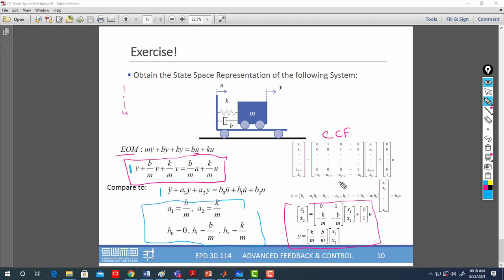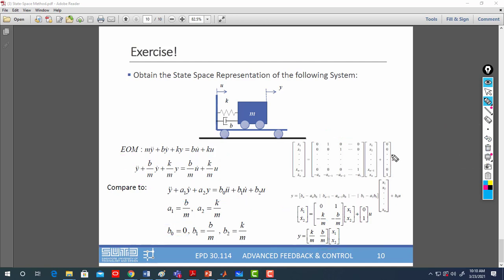Then you plug them in here, a1 and a2, minus k over m, and here is 1 0. Okay, so then you directly get your matrices A, B, C, and D is equal to 0, because b0 is equal to 0. Your matrix D is b0. So you see, it is easy if you wish to go in this general form.